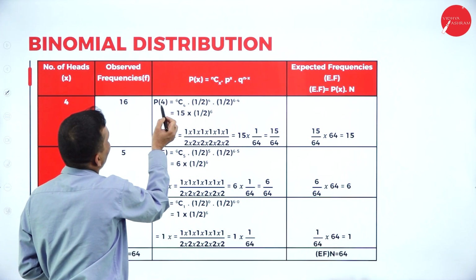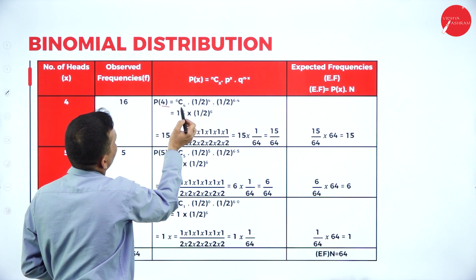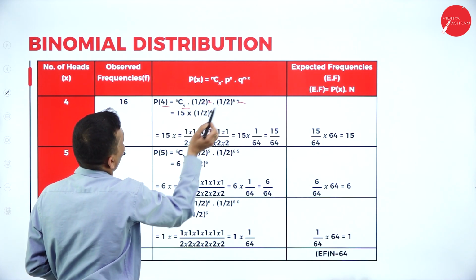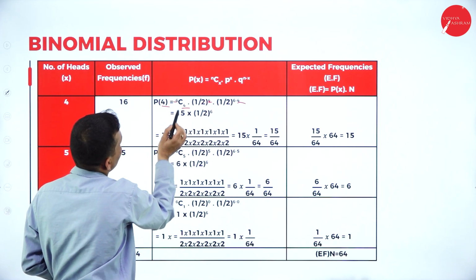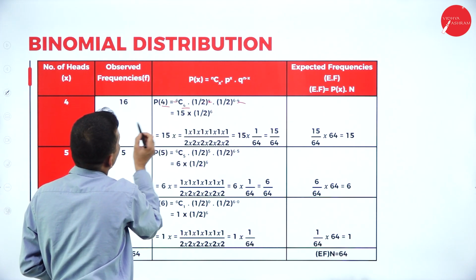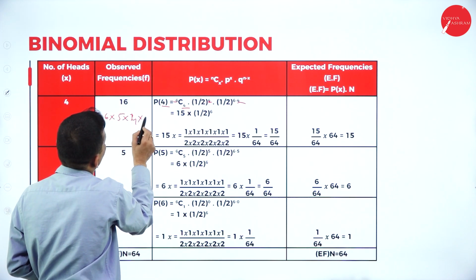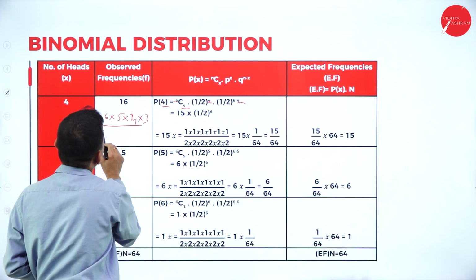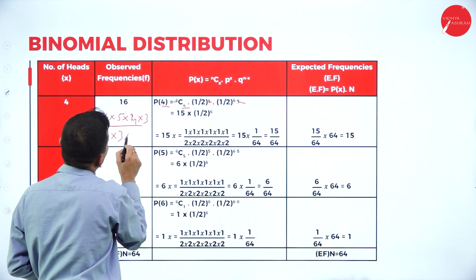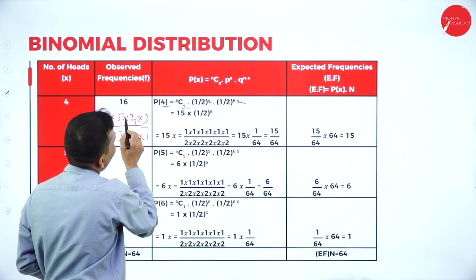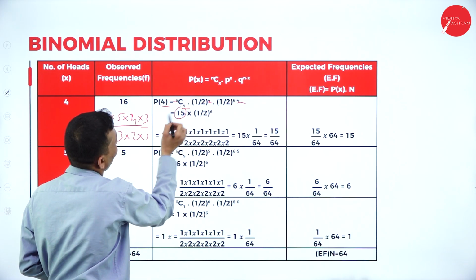Now x plus we are writing 4. Wherever you are finding x we are writing 4. Now n is 6, 4 times you have to go for reverse: 6 into 5 into 4 into 3, because 4 is given, divided by 4 into 3 into 2 into 1. Okay, if you simplify directly we can get 15.